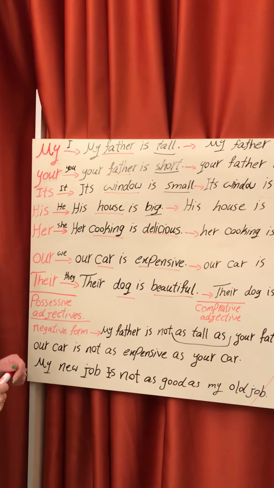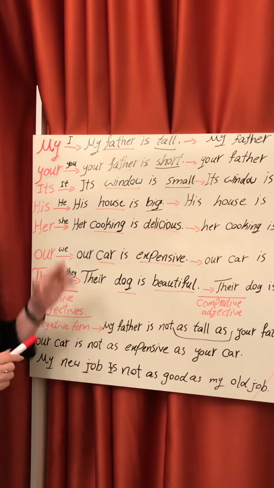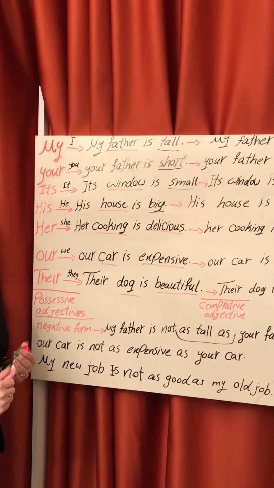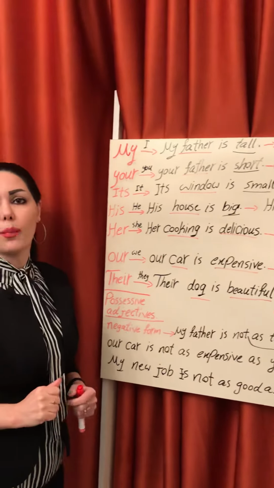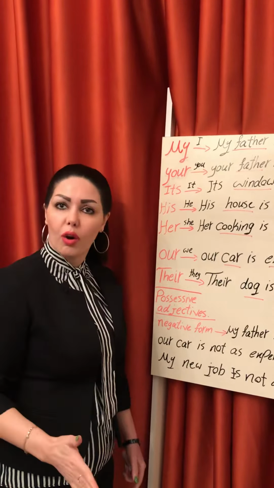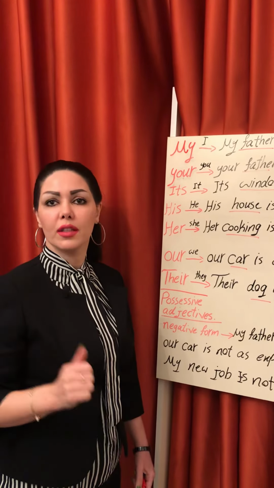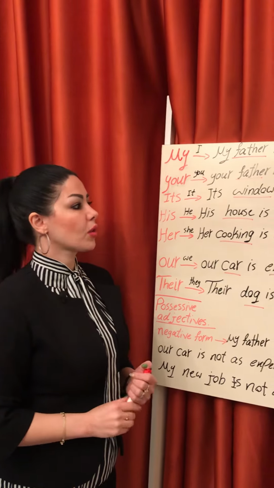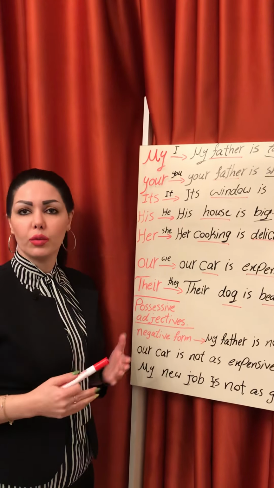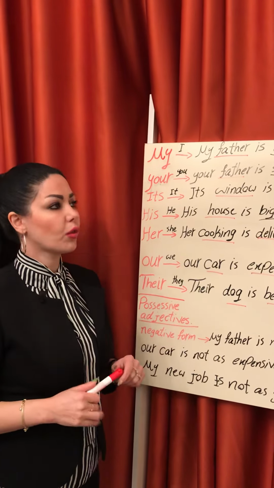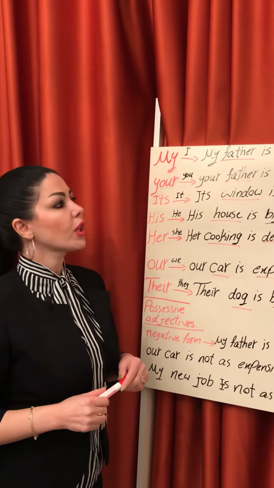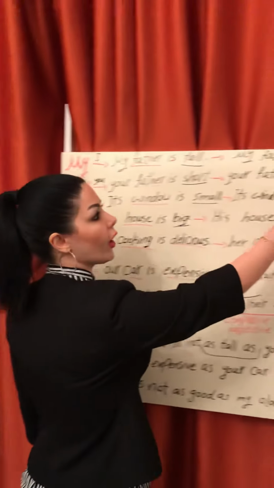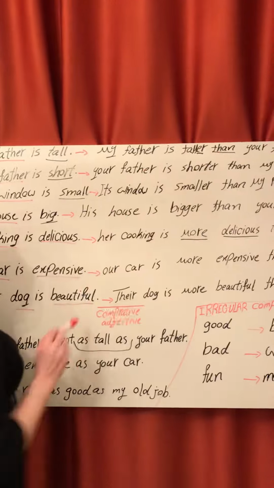Look at here. Tall, short, small, big, all of them are one syllable. So when we want to use these adjectives for comparative, we just use er and then.